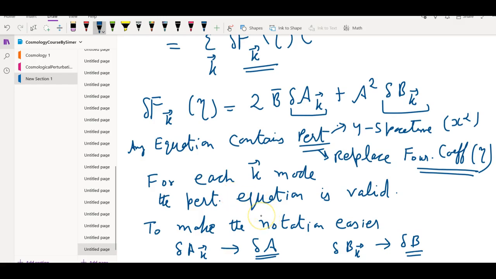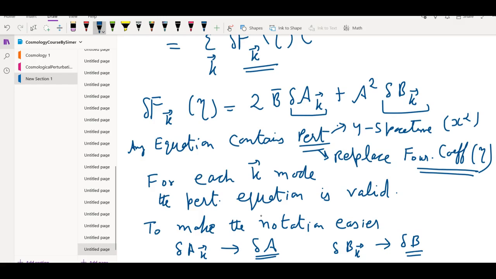So once we open the door for the Fourier dimension, we don't have to carry this k vector, we don't need to put a label that we are in the Fourier space. We will just remember that we are in the Fourier space.